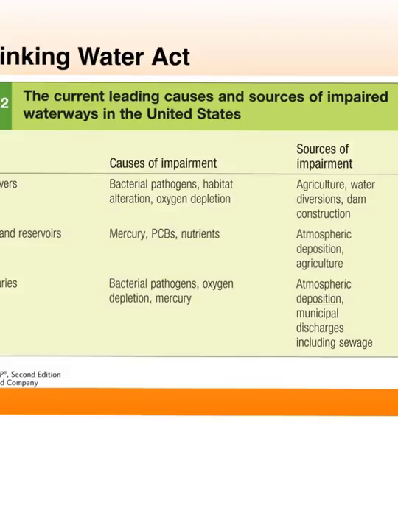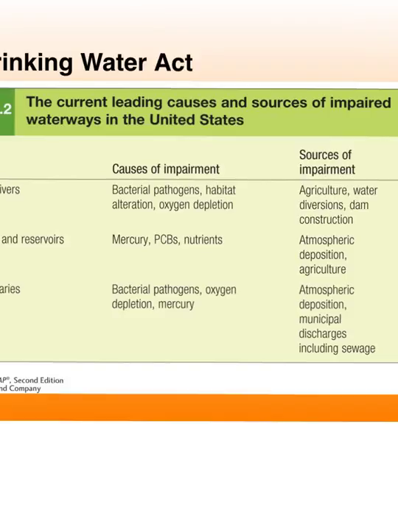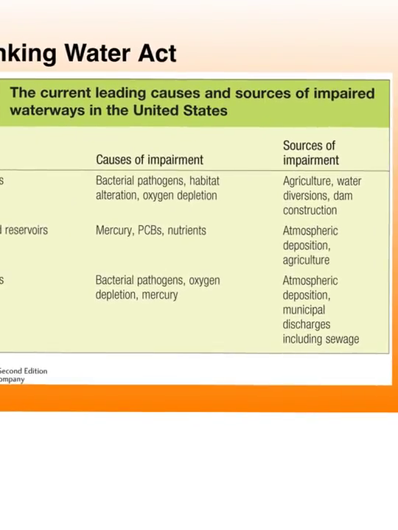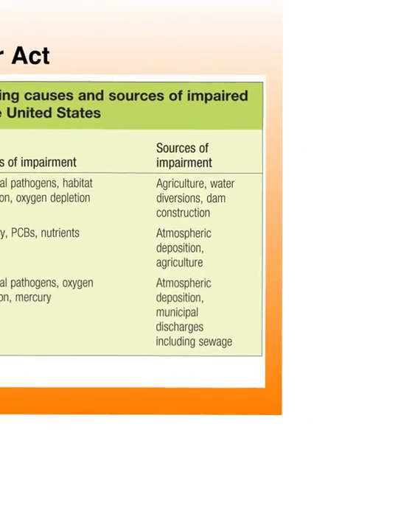Remember that if we have old wastewater treatment facilities and there's a storm, they are allowed to dump all that stuff out, right? That's the one time it's legal to dump untreated water. So you can end up with bacterial pathogens, oxygen depletion, and mercury from coal burning and coal production. Okay, atmospheric deposition, municipal discharges, including sewage.